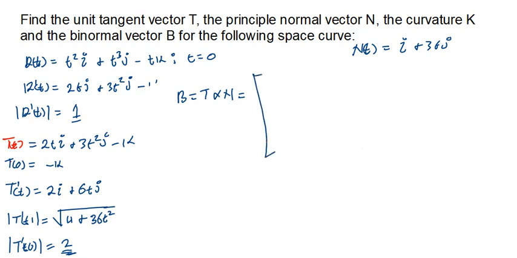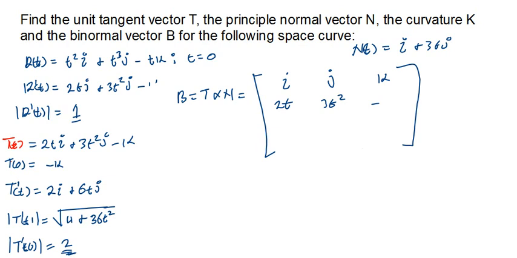So we have our i, we have our j, and we have our k. The i component of T is 2t. Then the j component is 3t squared.